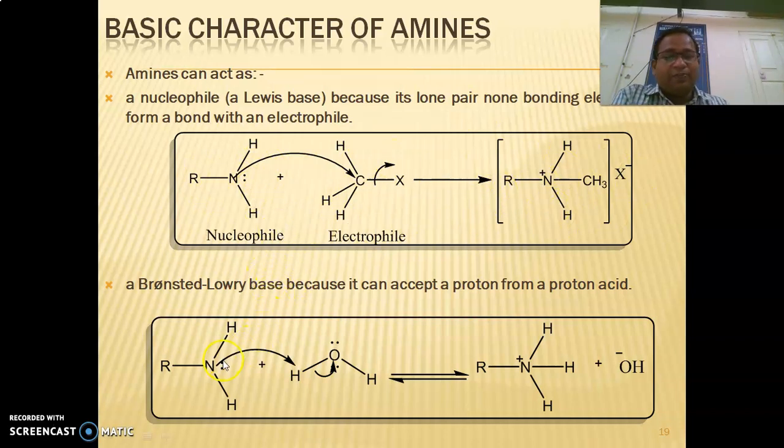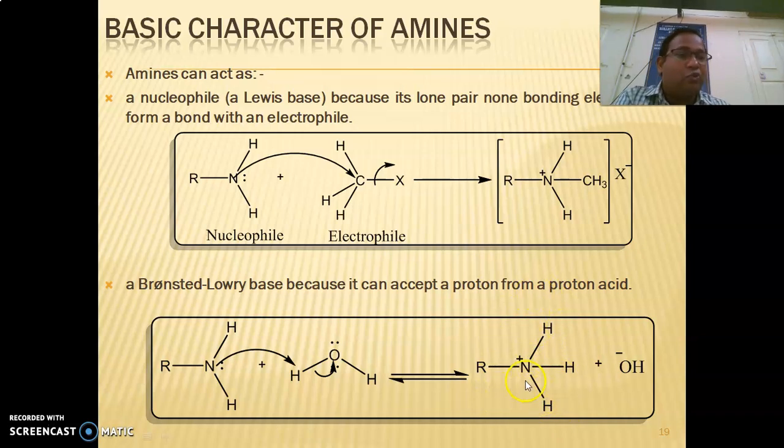Second reaction, the compound which accepts the hydrogen atom, according to the Bronsted-Lowry concept. The compound which accepts the H plus ion is said to be a base. The compound which donates the H plus ion is said to be an acid. So here the primary amine accepts the proton from the water molecule and forms the ammonium ion.